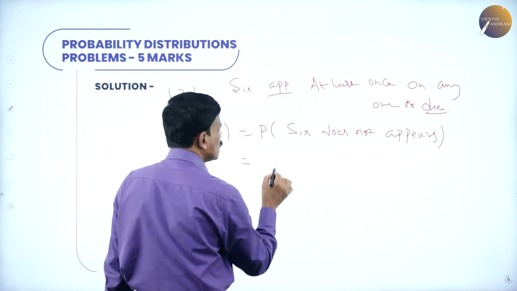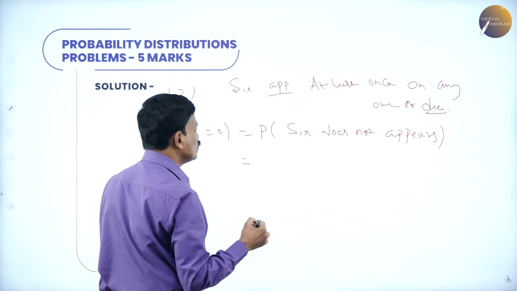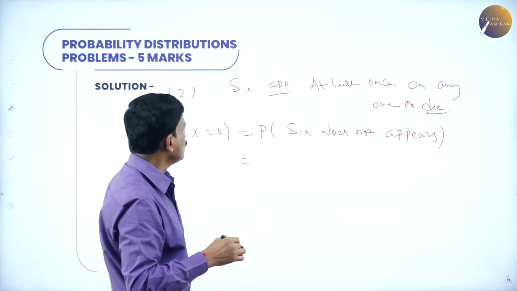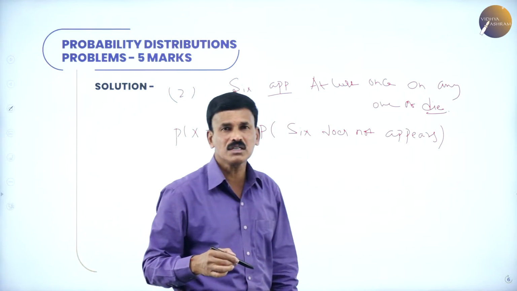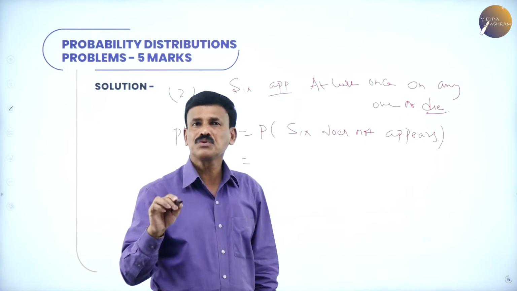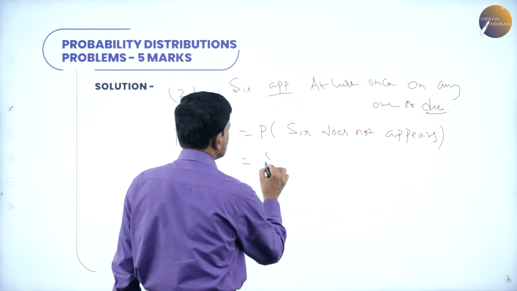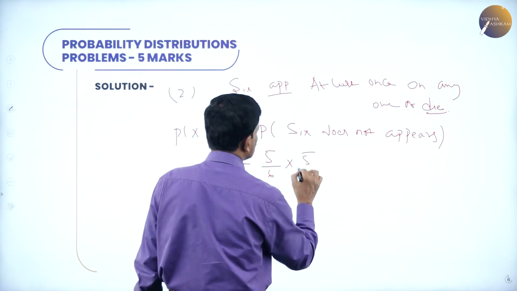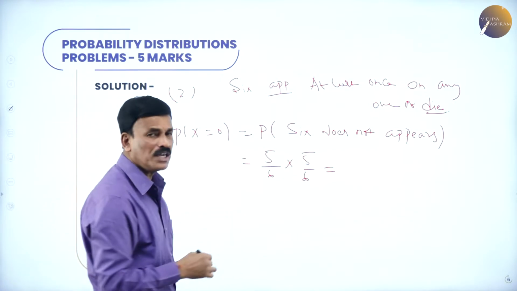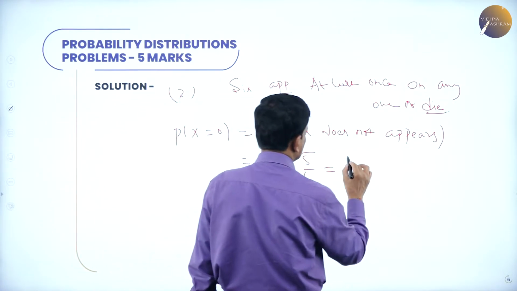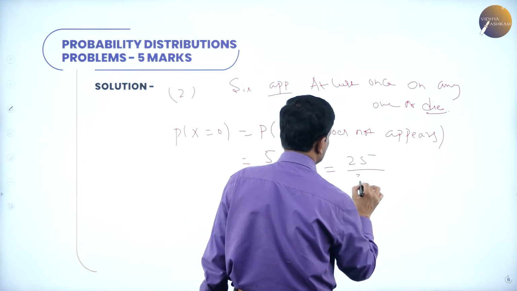So therefore does not appear means then probability of x is equal to 0. So this is equal to does not appear 6. 1, 2, 3, 4, 5. So therefore does not appear means this is 5 by 6 into 5 by 6. Since we are tossing a die twice, therefore 5 by 6 into 5 by 6, this is nothing but 25 divided by 36.